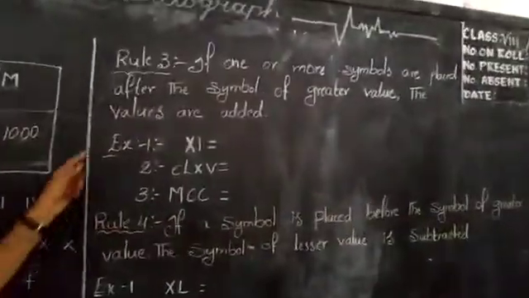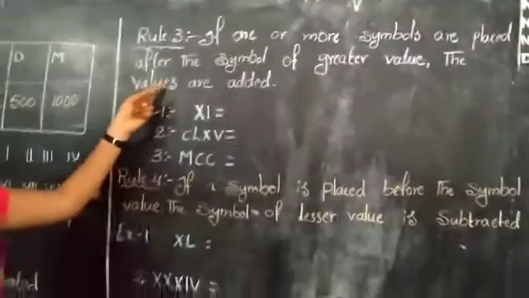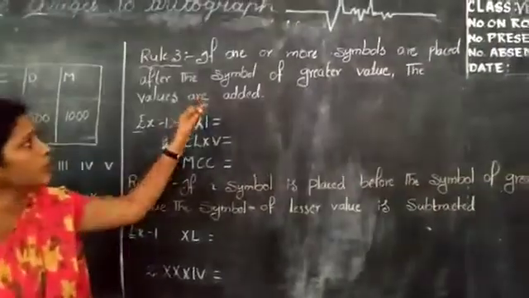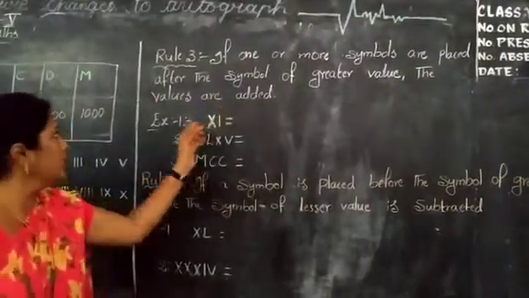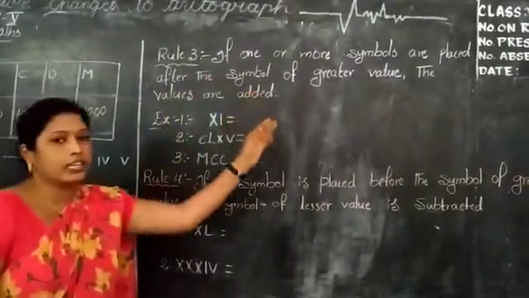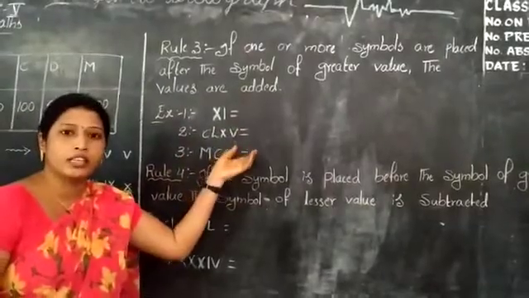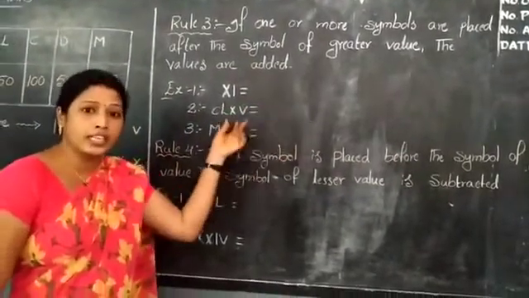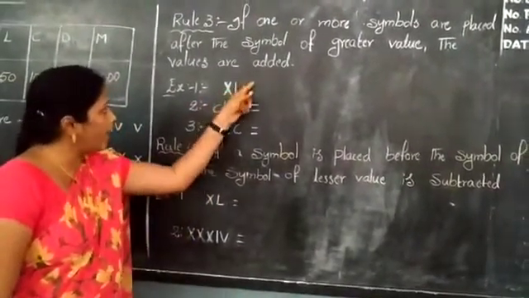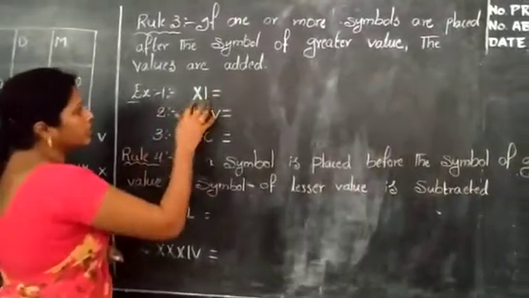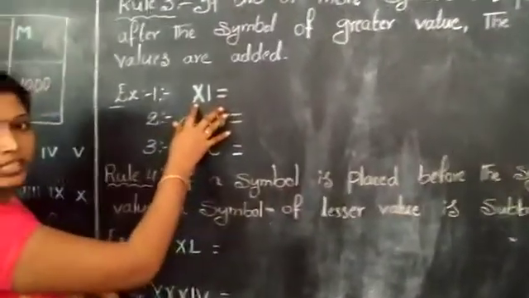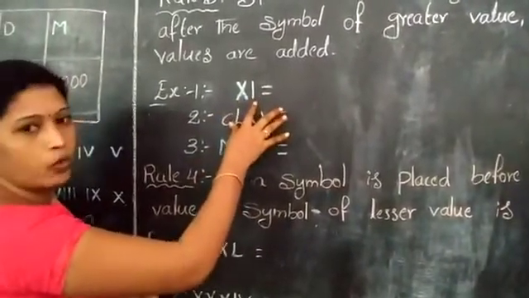And coming to the third rule. So, what is the third rule? If one or more symbols are placed after the symbol of the greater value, the values are added. Which is the greater value in this? X means 10, I means 1, right?